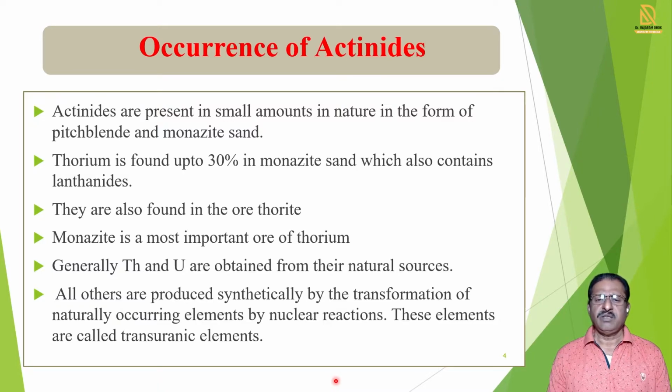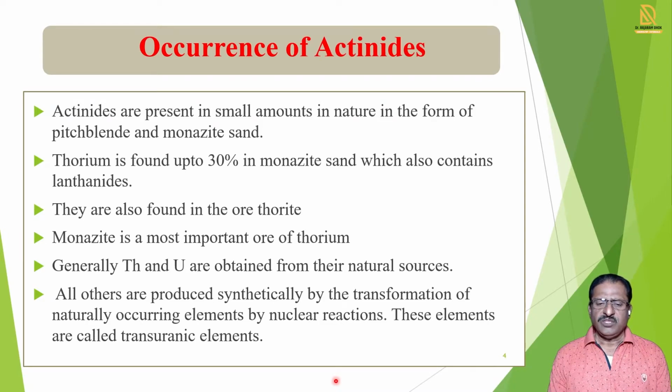All the elements above 92 are produced synthetically from different reactions, and those are radioactive reactions, which are called nuclear reactions. With the help of these reactions all the elements are prepared.